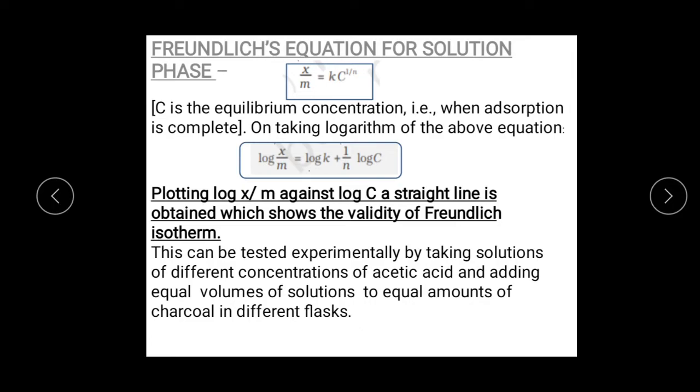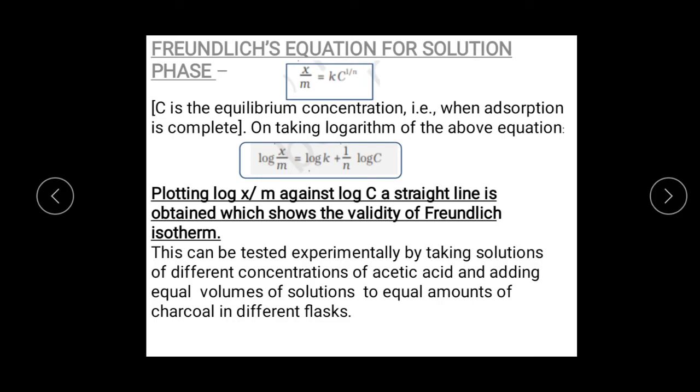Now the Freundlich equation for solution phase: x by m is equal to k into C to the power 1 by n. You can see here p is replaced by C in case of solutions. C is the equilibrium concentration, and if we take log of this equation, we get log x by m is equal to log k plus 1 by n log C. If we plot a graph between log x by m and log C, we get a straight line, which shows the validity of the Freundlich isotherm.